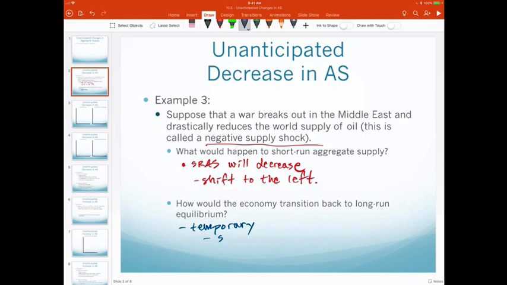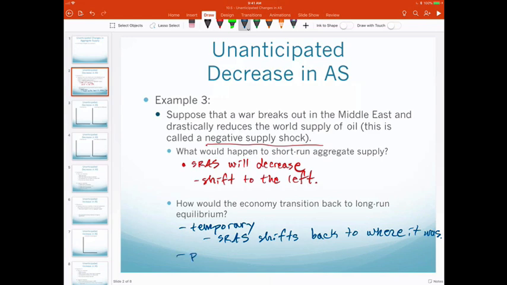So if it's temporary, SRAS shifts back to where it was before the conflict started, okay?